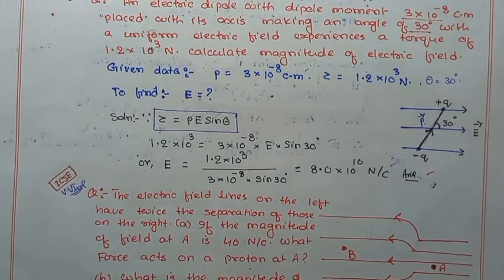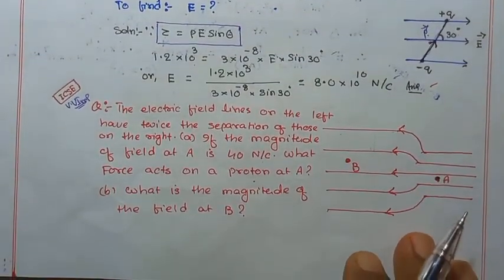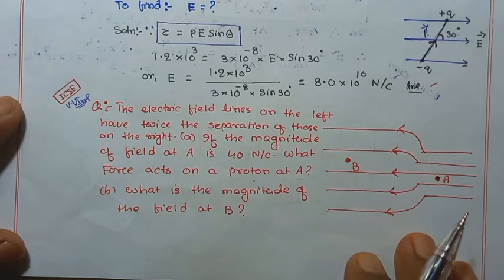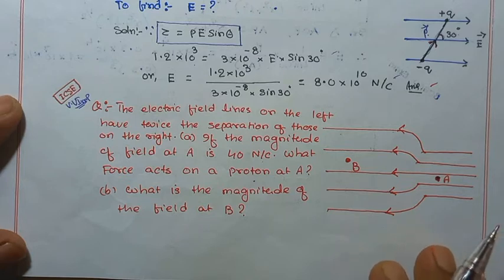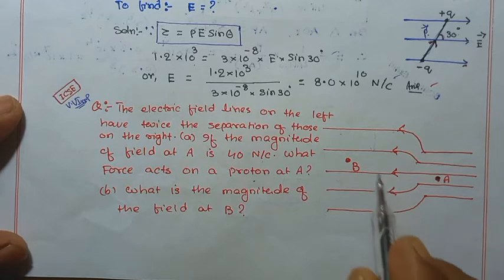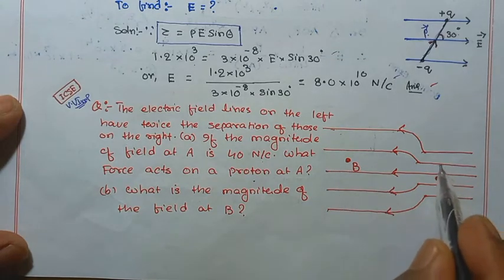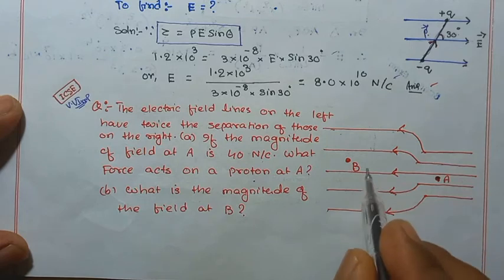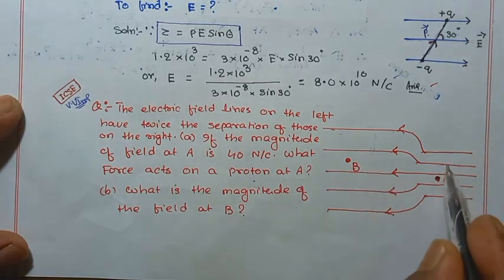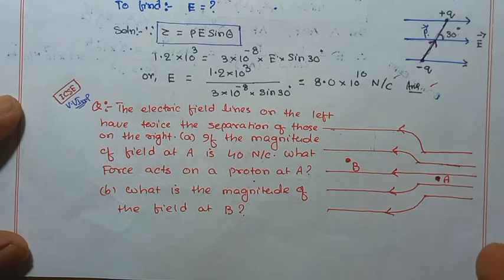Now there is one important question, which is also a board exam question, and we will solve it now. The electric field lines on the left have twice the separation of those on the right. If the magnitude of the field at A is 40 Newton per Coulomb, what force acts on a proton at A? What is the magnitude of the field at B? In this question, the electric field line separation, that means the gap between the electric field lines on the left side, is 2 times the gap between the electric field lines on the right side.